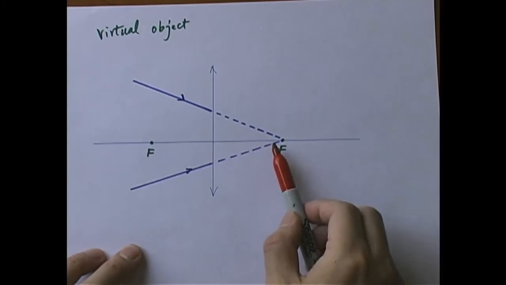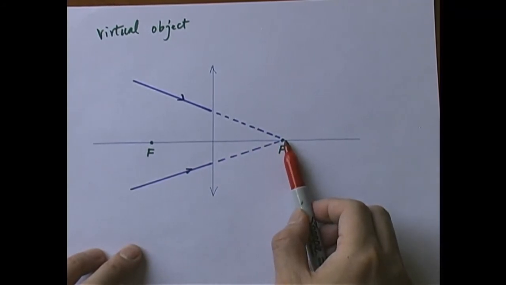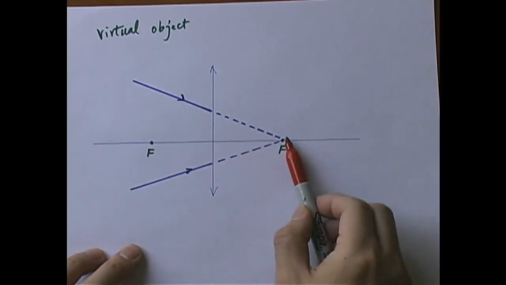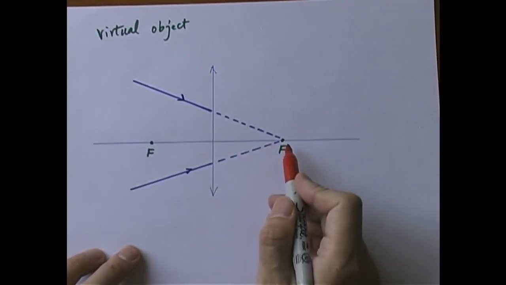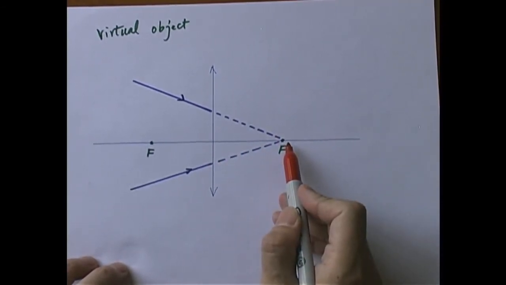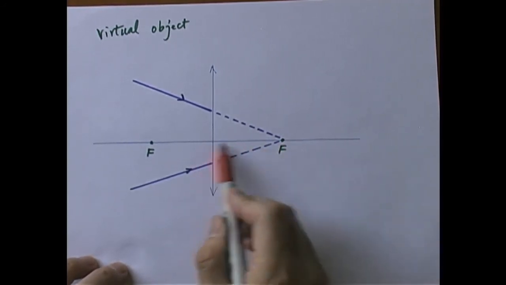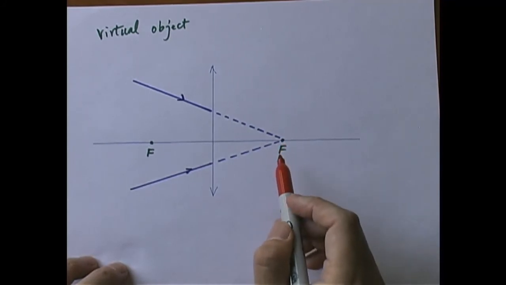The object is on the wrong side, and then we say it's a virtual object. For a virtual object, what is the object distance equal to? Well, in this case, from here to there, and that distance should be a negative value. So, don't worry about it. If you see a virtual object like this, just measure this distance, and if it's equal to 3 centimeters, you just say p equals negative 3 centimeters.